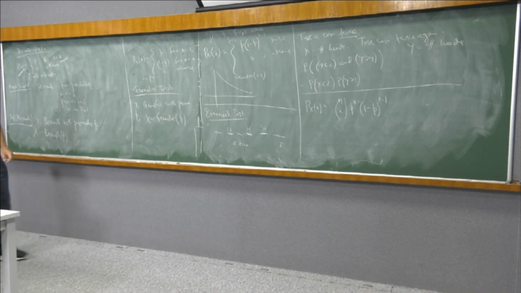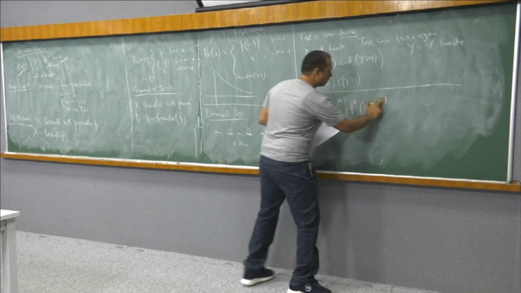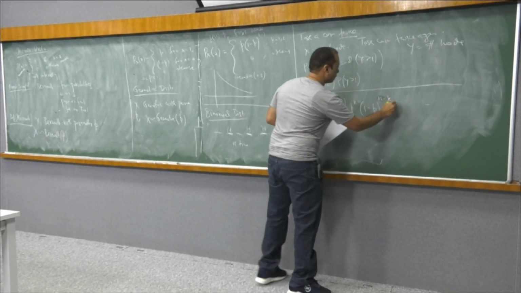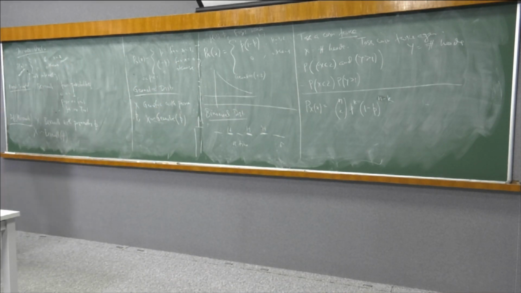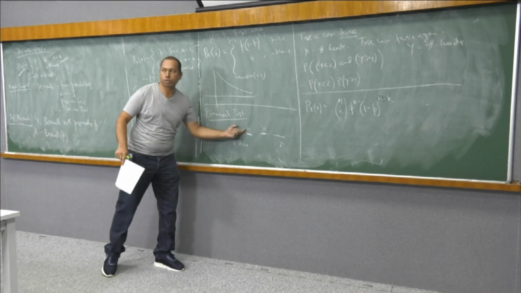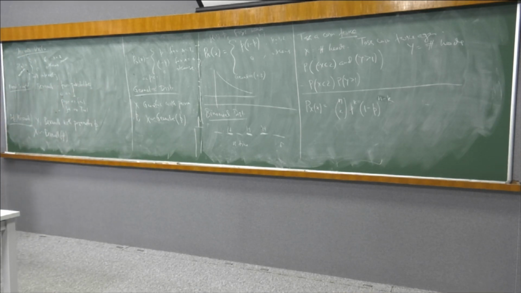That will be n minus k, so that will be 3, and then the remaining is 2. And n choose k comes from the fact that these heads could have occurred in any places. So how many ways can you rearrange 3 heads in 5 places.